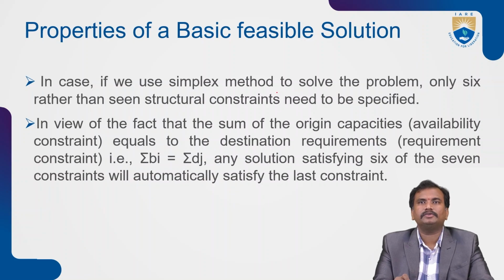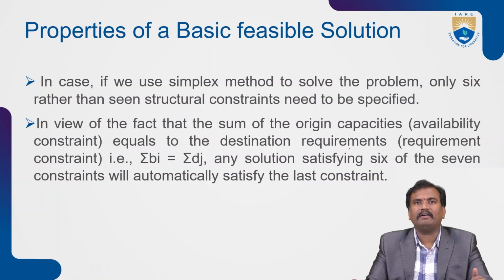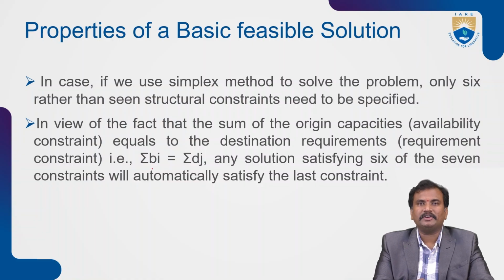If we use the simplex method to solve the problem, only 6 structural constraints need to be specified, in view of the fact that the sum of the origin capacities, the availabilities, equals the destination requirements, that is, summation of bi equals summation of dj.